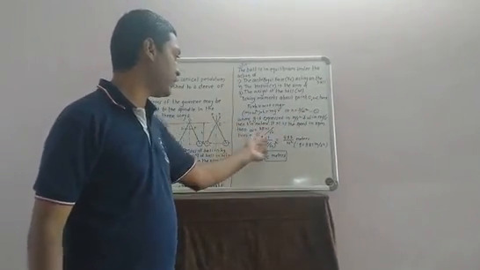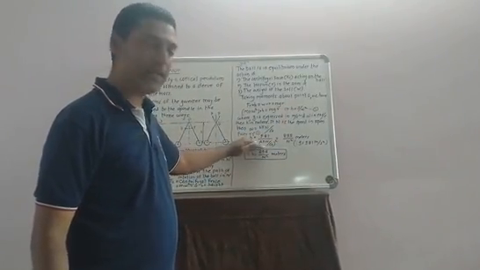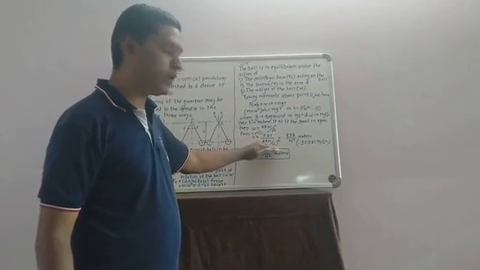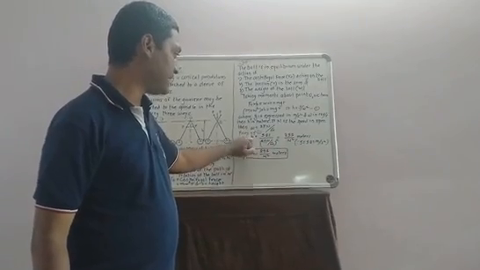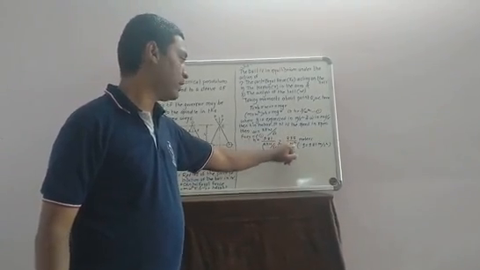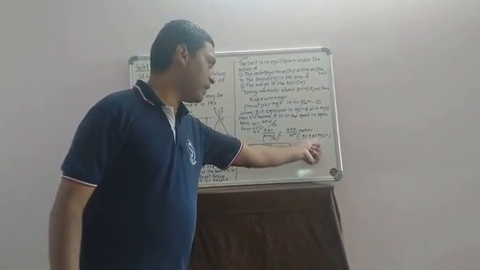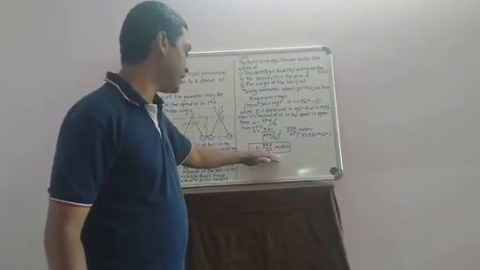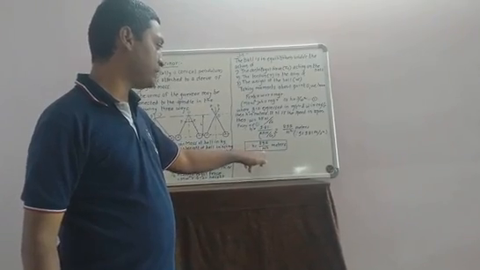From equation number 1 we substitute the value of omega, and we get h equals 9.81 divided by (2 pi n divided by 60) whole square. After simplification we get h equals 895 divided by n square, where g is 9.81 meters per second square. So the relation is h equals 895 divided by n square in meters.